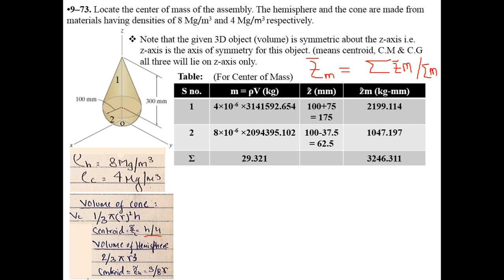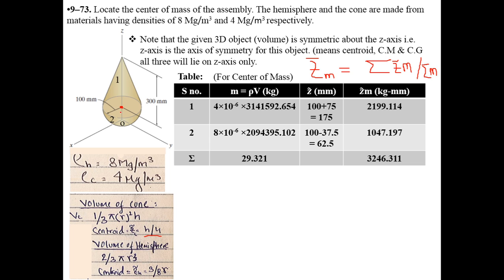But this 75 is measured from the base of the cone. We have to measure everything from the origin. So we have to add 100 millimeters to this value to relate the centroid of the cone from the origin. So that is why 100 plus 75 gives you 175 millimeter measured from origin O.